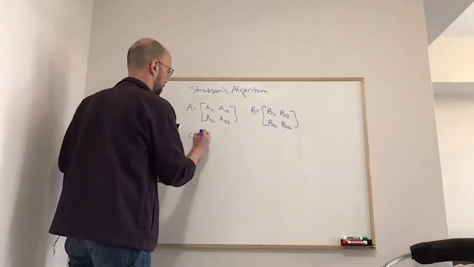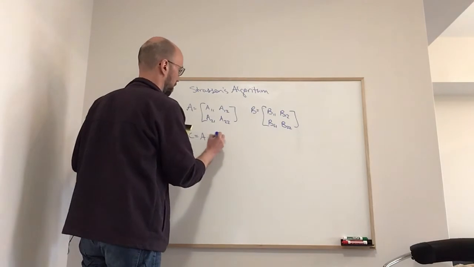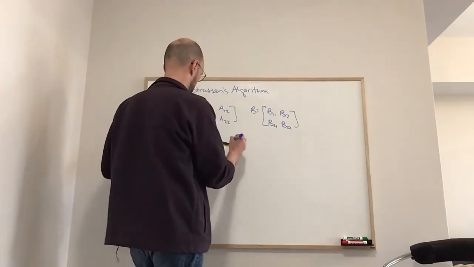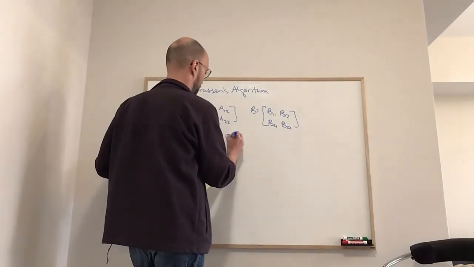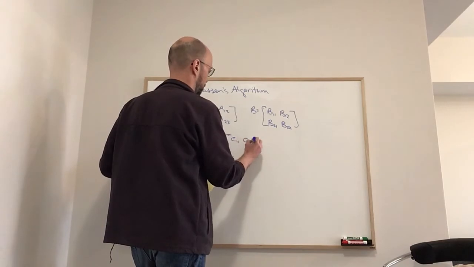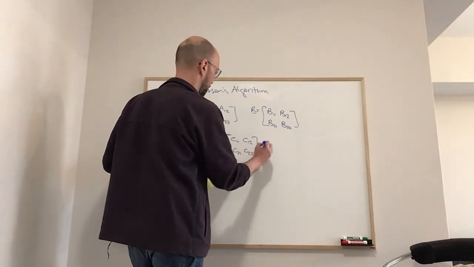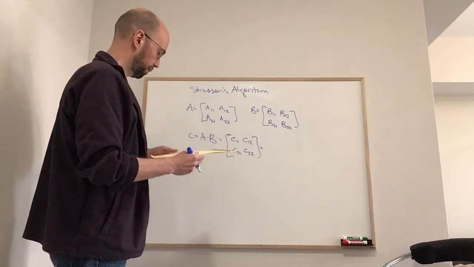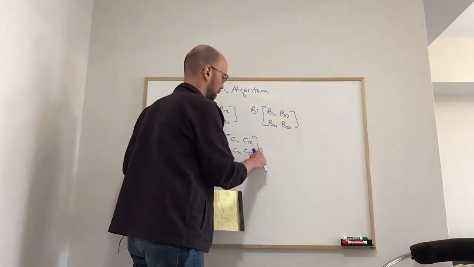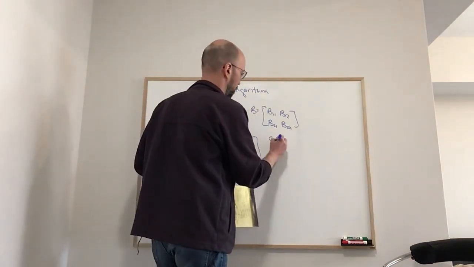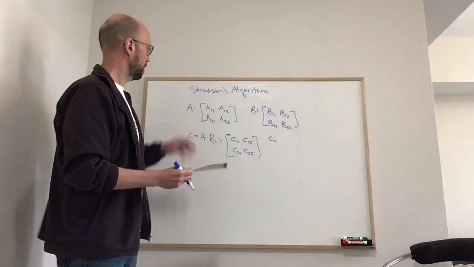And then we want to get C, which is A times B, which is C11, C12, C21, C22. So what is C11?